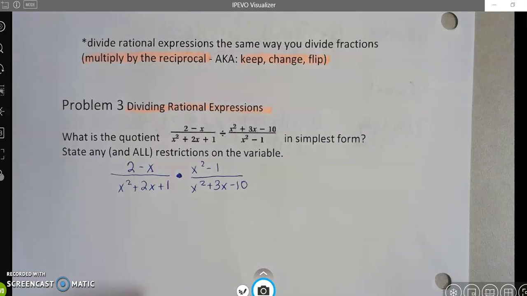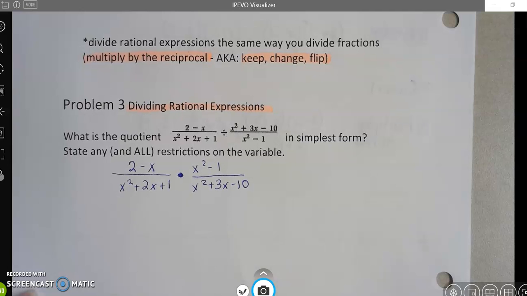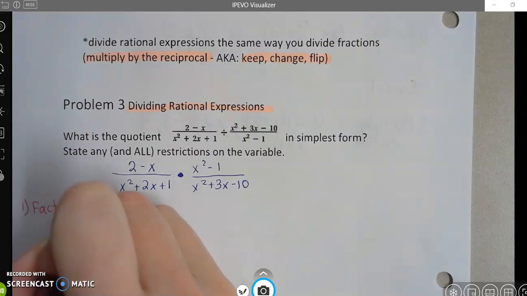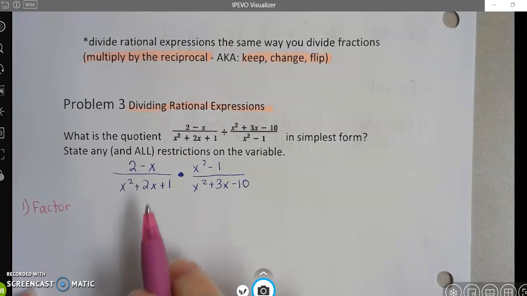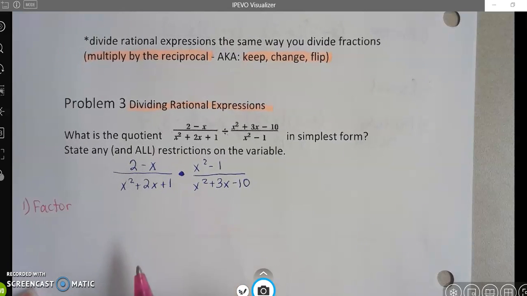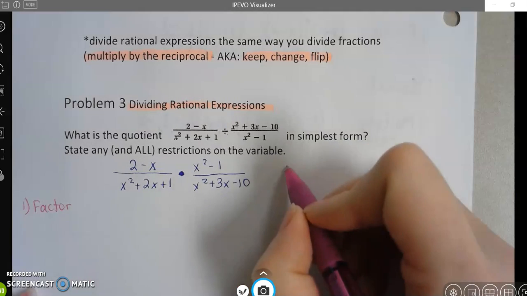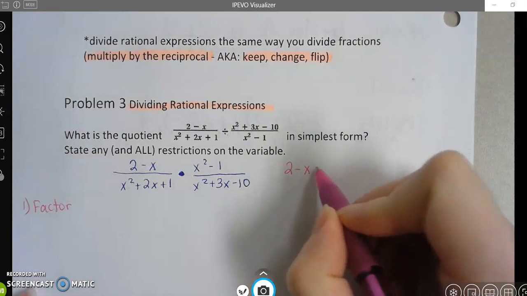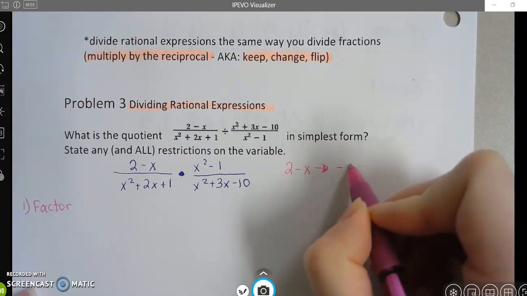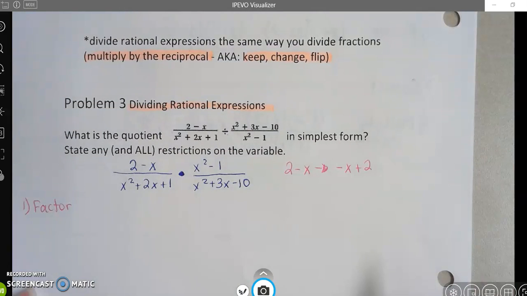This is how we divide rational expressions. Now you are going to follow your steps for multiplication. So our first step is to factor the numerator and denominator. Notice that 2 minus x is in the wrong order, so we want to switch 2 minus x to be negative x plus 2 because we want our x to be first.